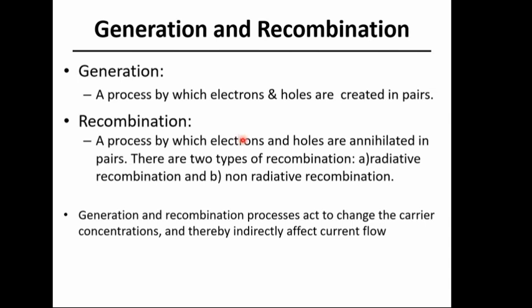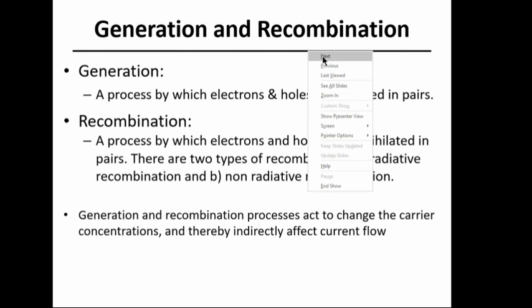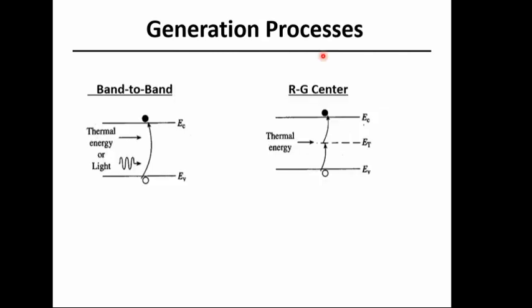Now, recombination is the annihilation of pairs of electrons and holes. We have two processes of recombination: radiative and non-radiative recombination. We'll see the difference between them and how the processes are done.